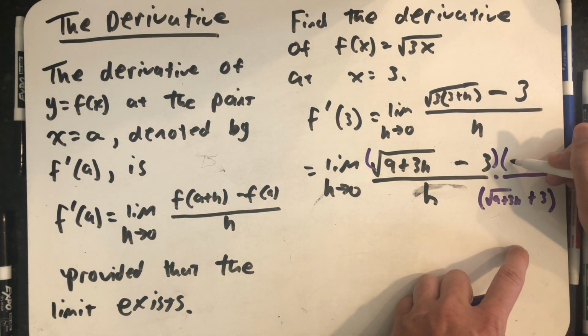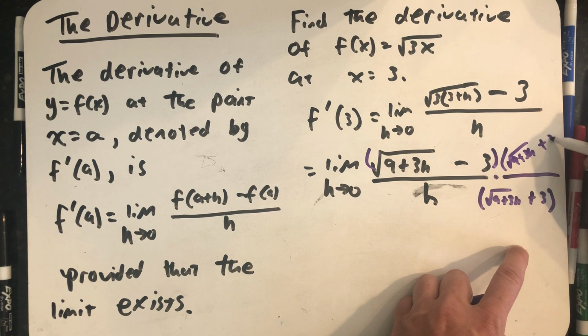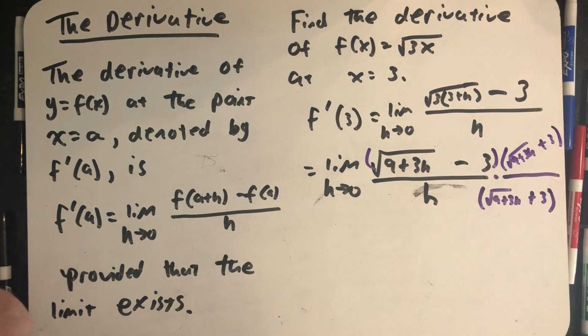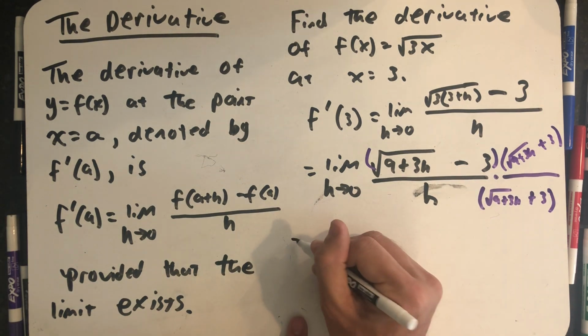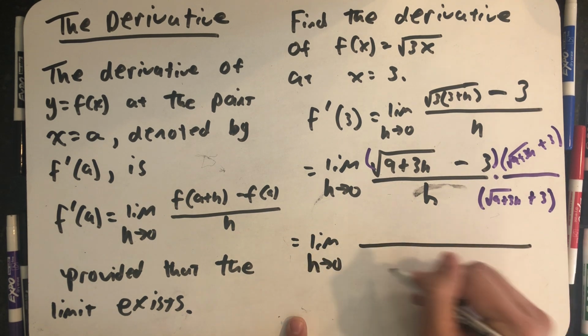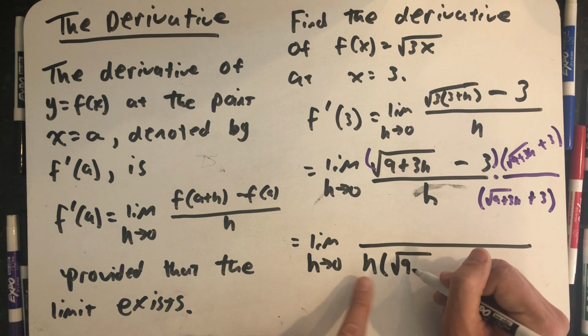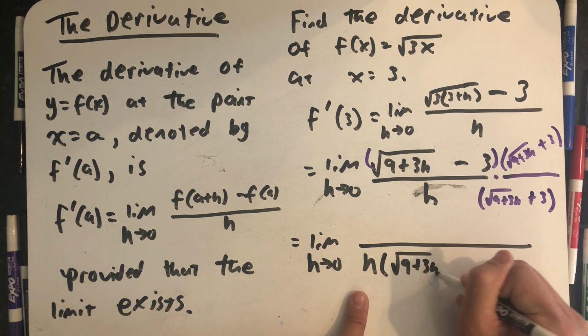All right, so let's see if I can sneak that in here. The square root of 9 plus 3h plus 3. So on the bottom, I'm just going to write the two things down next to each other. I'm not going to multiply them together, because again, I'm trying to cancel this h out. That's my goal.